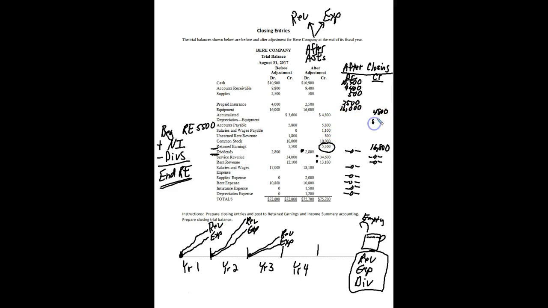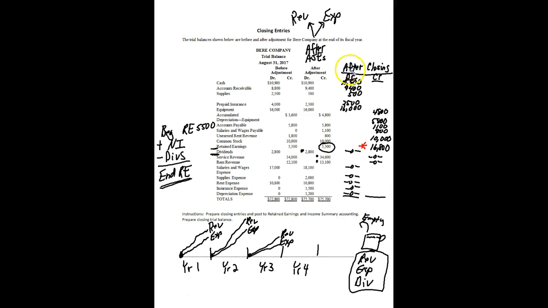Accounts payable, $5,800. Salaries and wages payable, still $1,100. Unearned rent revenue, still a credit of $800. And common stock, still a credit of $10,000. So none of those changed. The one that changed is retained earnings, and then all of these other revenues, expenses, and dividends.